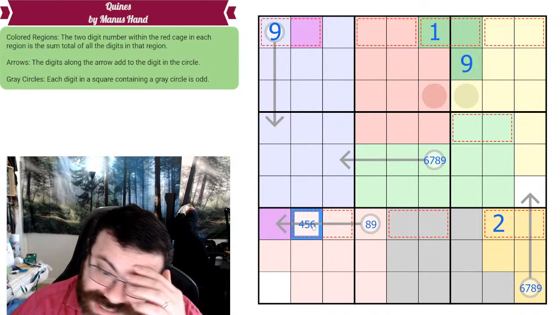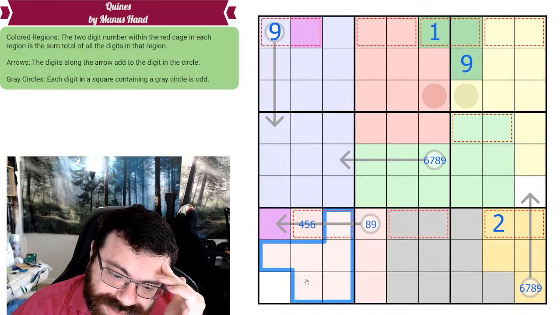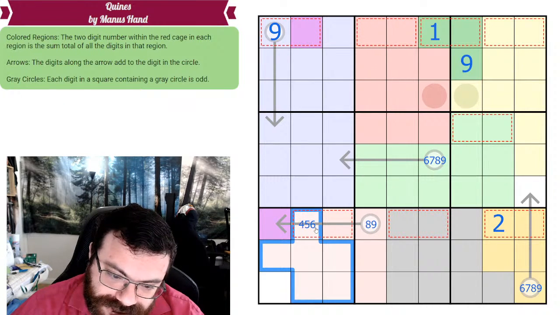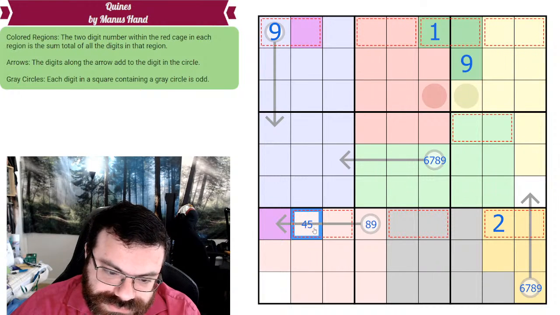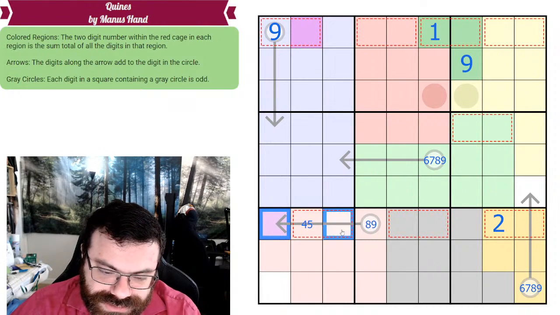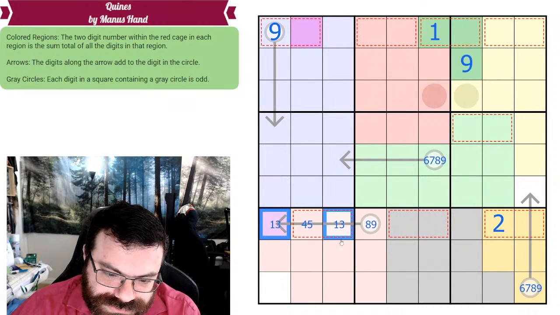I don't think, let's see, how can we get 60 something out of this? Well, it can't be a 6 because we can't put a 2 in. 5 would be 1, 3, 5. That's a 9. 4 could be 1, 3, 4. That's an 8. So these are always a 1, 3 pair, I think.